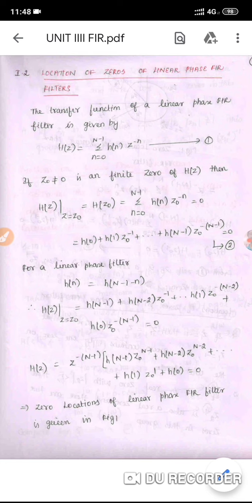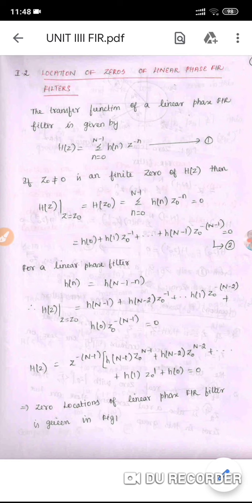The phase delay theta of omega is given by minus theta of omega by omega, and group delay tau g is given by differentiation of phase delay, that is minus d theta of omega by d omega. Later on we derived the equations for the impulse responses based on the phase delays and group delays.